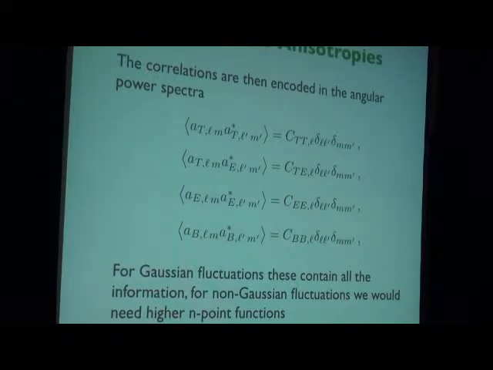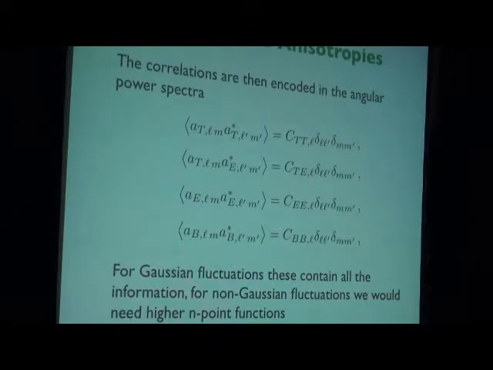Now, the correlations between temperature and polarization and so on are encoded in what are called the angular power spectra. By rotational invariance, you know that this can only be a function of l and has to be proportional to delta_ll' and delta_mm'. This is true at least if you have a full sky measurement. Otherwise, it gets a little bit more complicated.